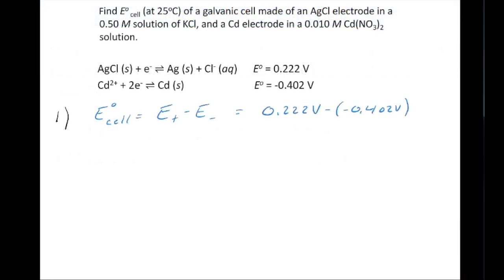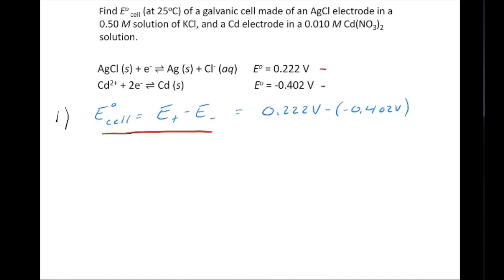In all of these types of calculations, we have to use the Nernst equation, and part of the Nernst equation is finding the standard reduction potential of the reaction. Just like in the previous example, we use E cell equals E plus minus E minus. The first thing we have to know is which of these reactions is the anode and which one is the cathode. Remember, the anode has the smallest value for E, and the cathode has the highest value for E.